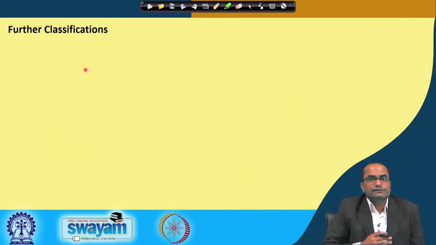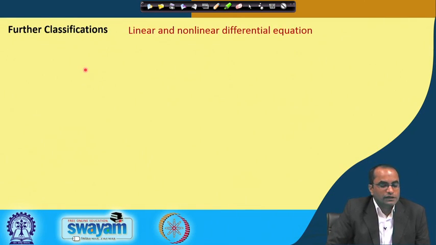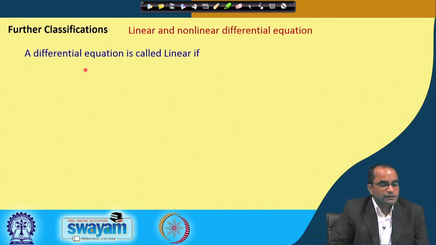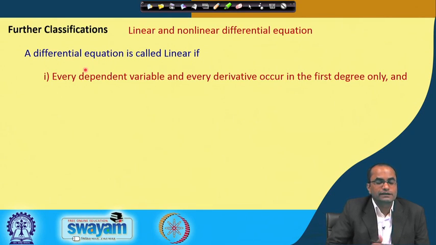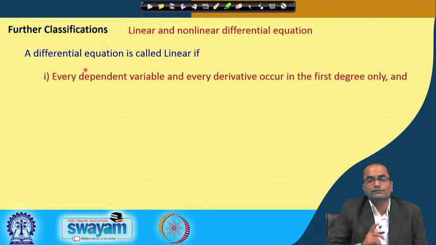The further classifications we will be talking about are linear and nonlinear differential equations. A differential equation is called linear if every dependent variable and every derivative occurs in the first degree only.